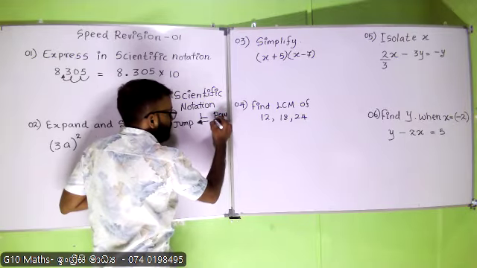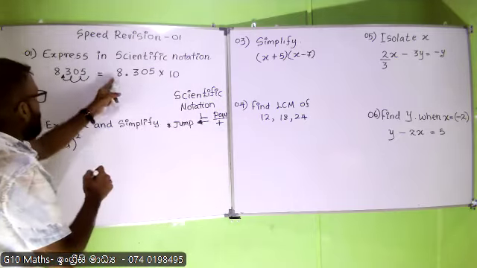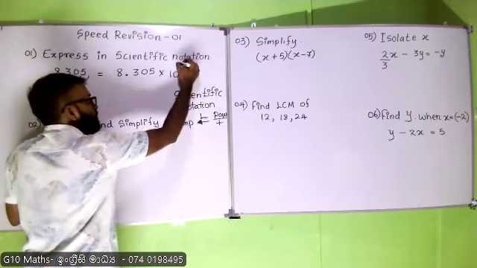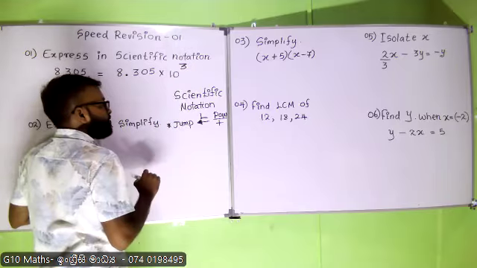So how many times did you jump? 1, 2, 3. 3 times. So the power should be 3 and it is positive.